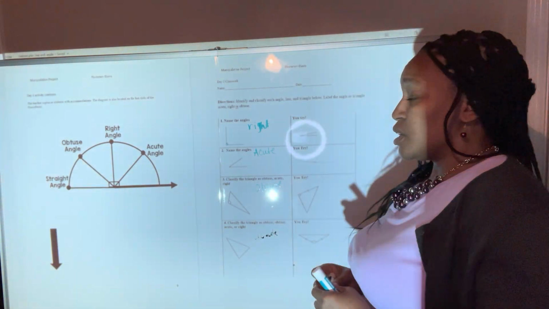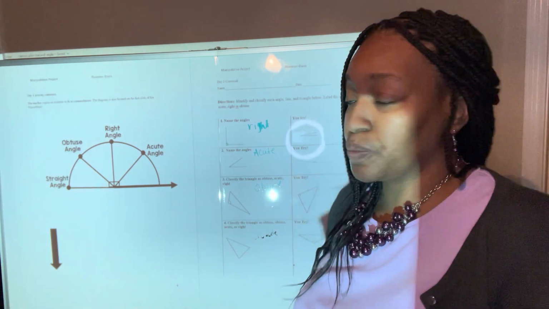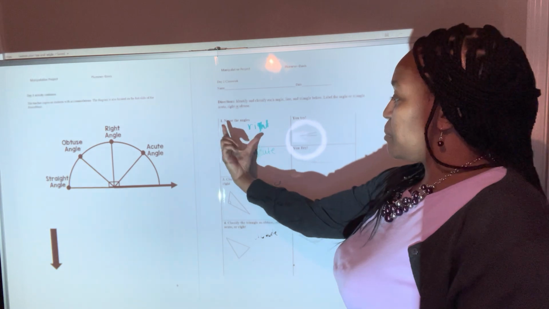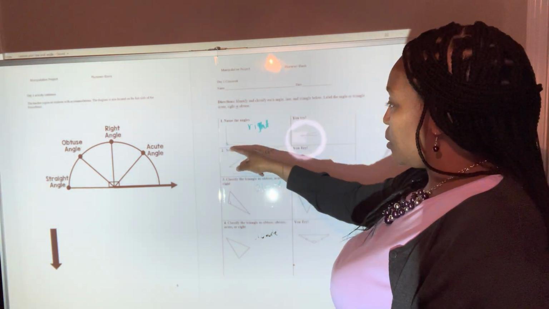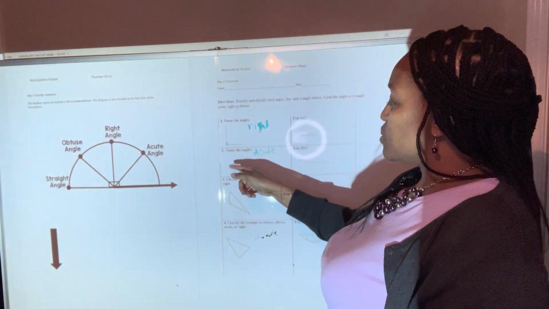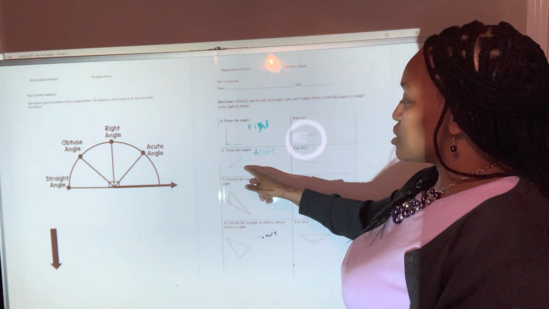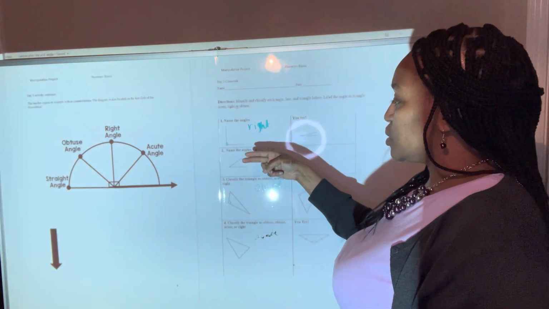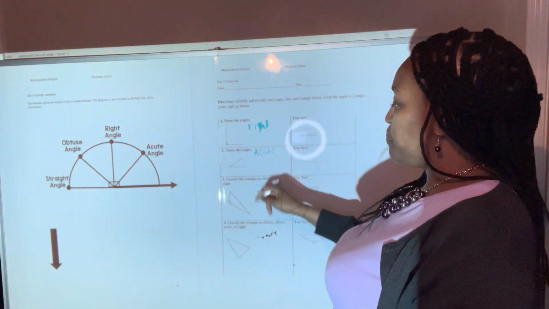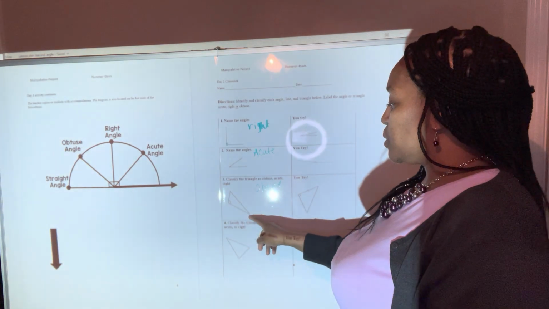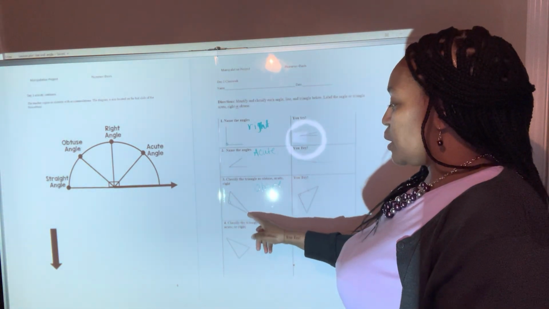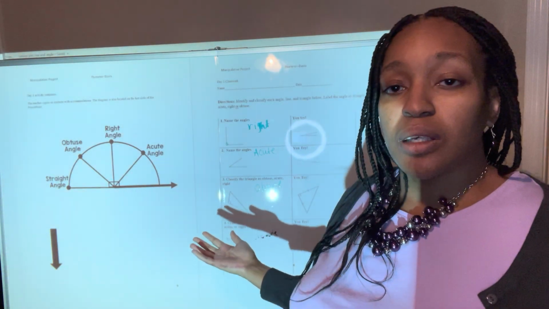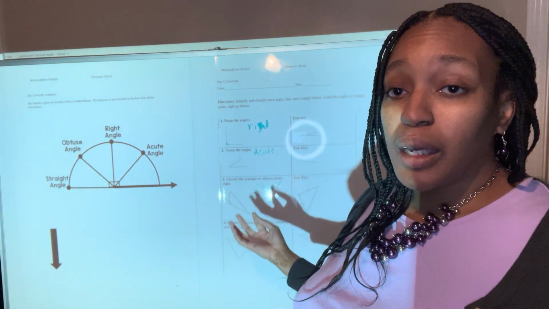Very good. So again, what did we just do? We looked at the different angles and saw what they were. We see that it matches our hand signals, an L, so we know that's a right angle. This one, we see which hand signal it matches. We know it didn't match the L, but it matched the acute angle, or our little scissors, or our little sideways peace sign. And this one, for our triangle, looks complicated, but we were able to use our hand signals to determine which angle it was.